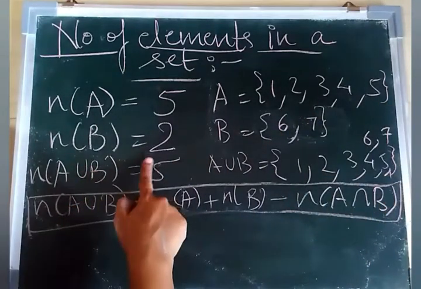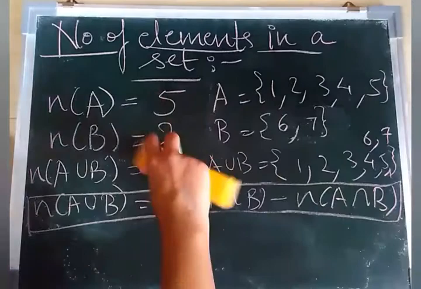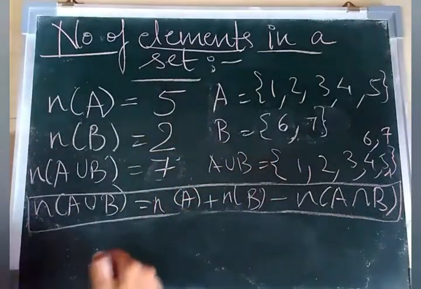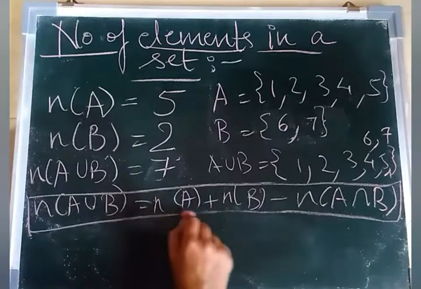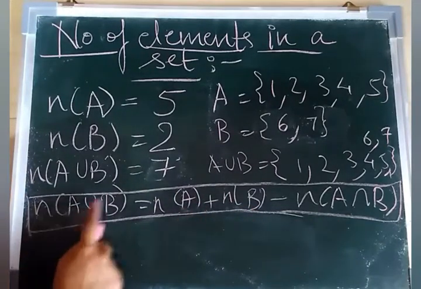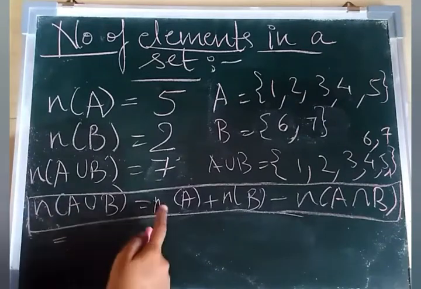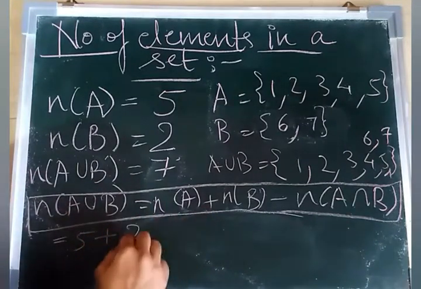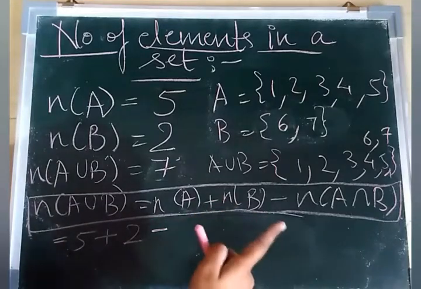So N of A union B is 7. So again we will try to write this. N of A union B is the same as, N of A is 5 plus N of B is 2 minus N of A intersection B.